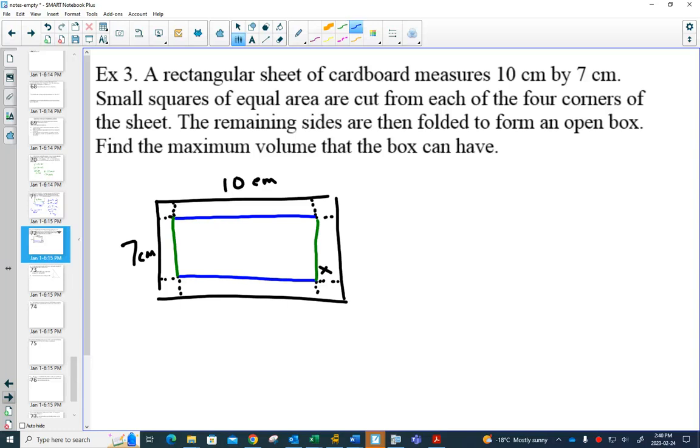Can you see that the length of my blue line started with 10, but I subtracted x on both sides? And can you see that the length of my green line started with 7, but I subtracted x on both sides? If I draw what I have as a three-dimensional shape, so that balancing act, switching colors.